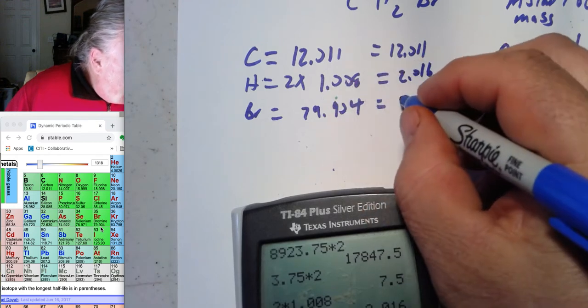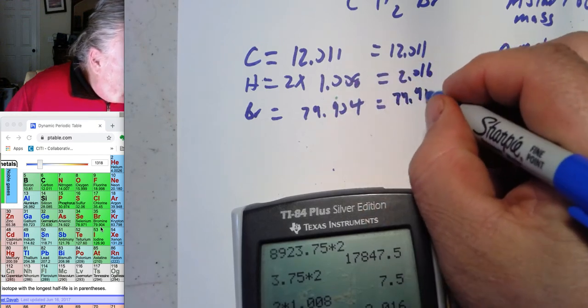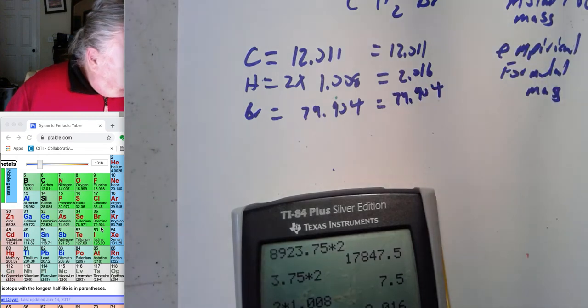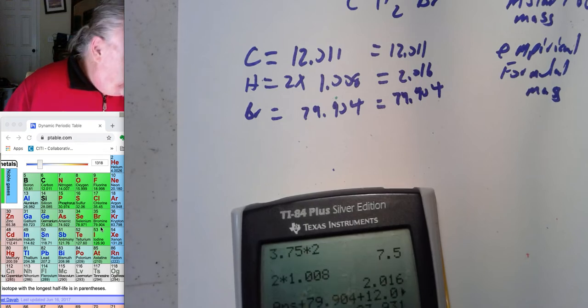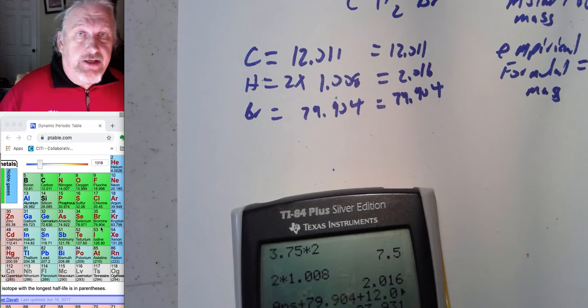Multiply those. 79.904 plus 12.011 plus 2.016, I get 93.931.